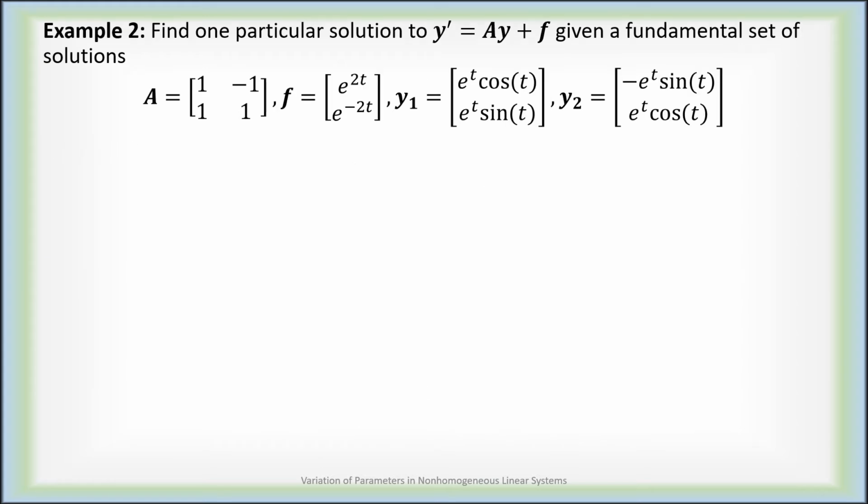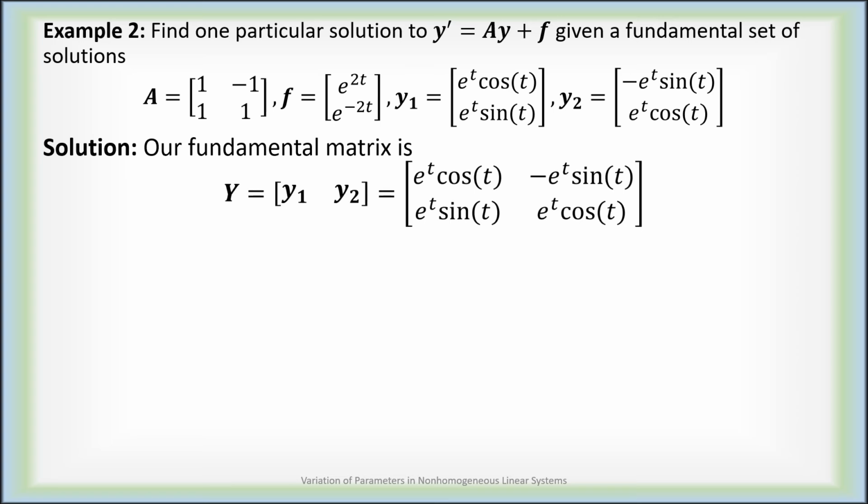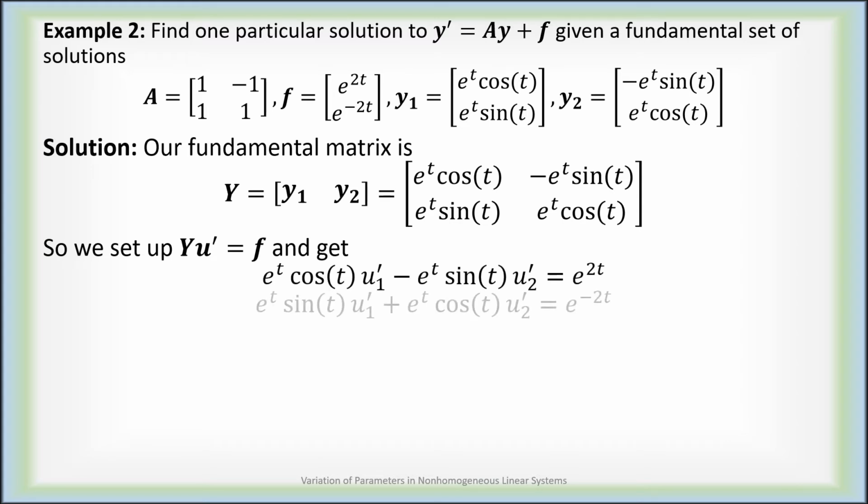For our second example, find one particular solution to this non-homogeneous linear system, but again, a fundamental set of solutions has been given to us. So we make a fundamental matrix by transforming our fundamental set of solutions into columns. There they are. We set up y u prime equals the forcing function f, and row by row, we get these two equations here.